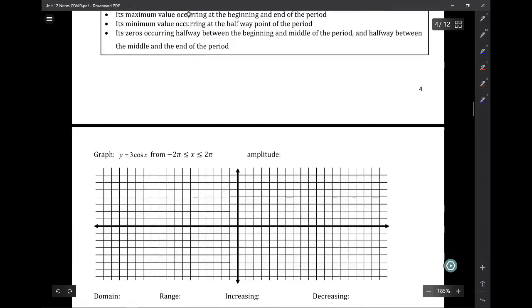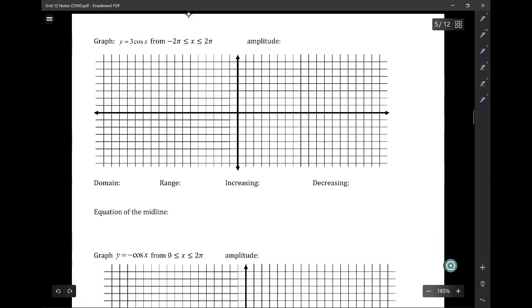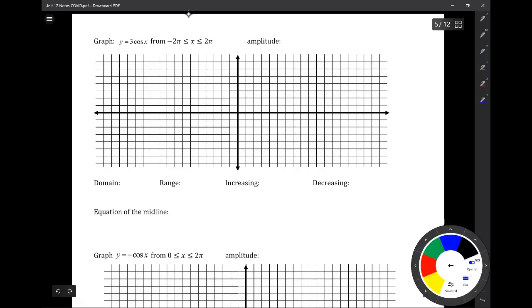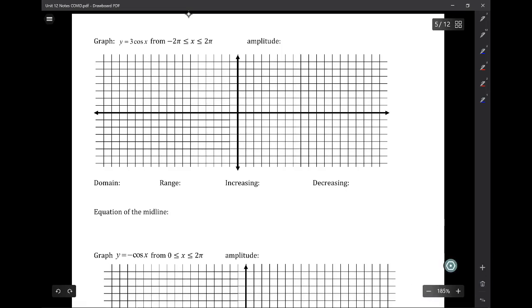All right, well, let's see what happens if I change the amplitude of a cosine curve. It's actually the exact same thing that happens if I change the amplitude of a sine curve. So this time our amplitude is 3. So when I graph this, I go up 1, up 2, up 3. Now I personally, this is a personal choice of mine, I skip a line just to show that there is separation.